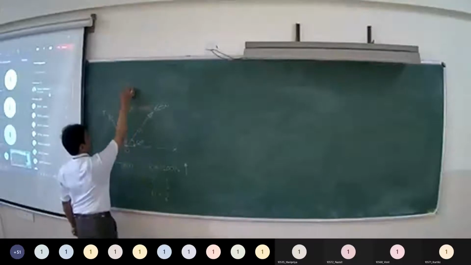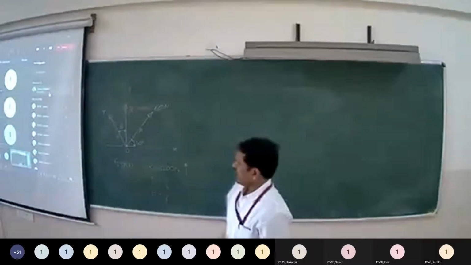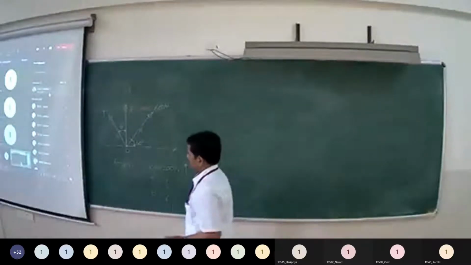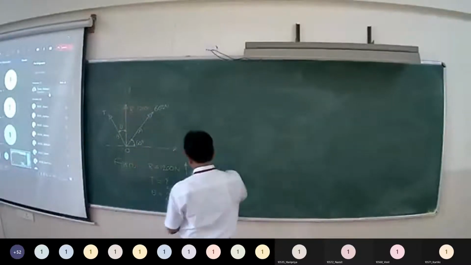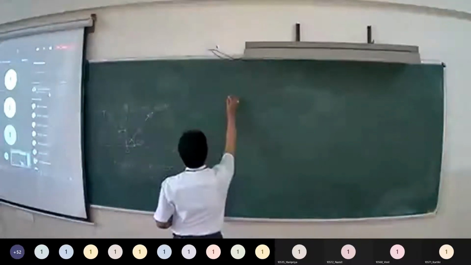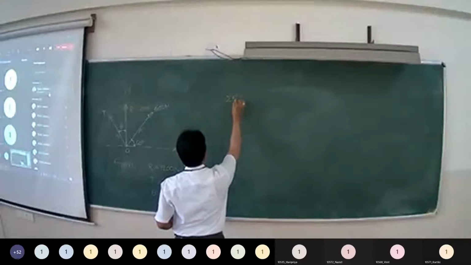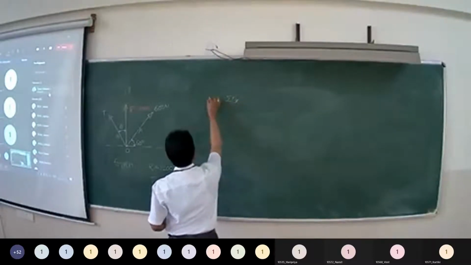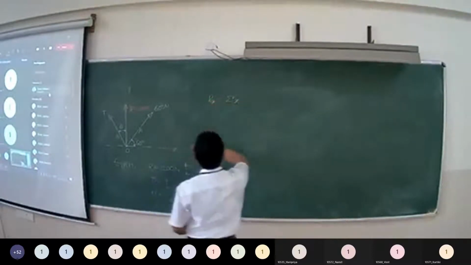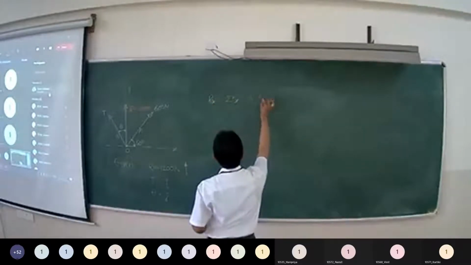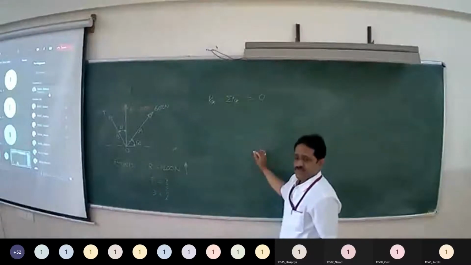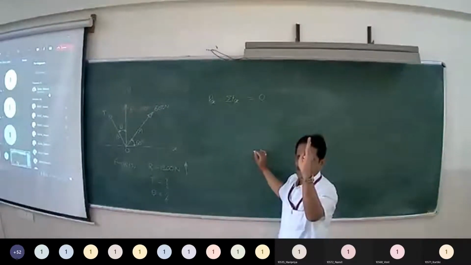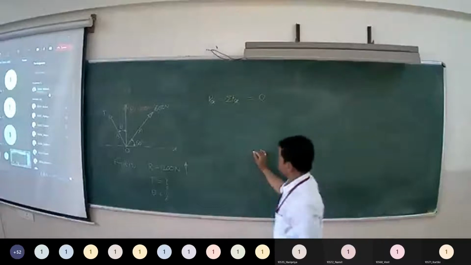So it is X, Y. As the resultant is acting along y-axis, its x component, that is summation Fx, is nothing but the x component of resultant, which is equal to 0. Right? Resultant is acting vertically along y-axis, so its x component will be 0.